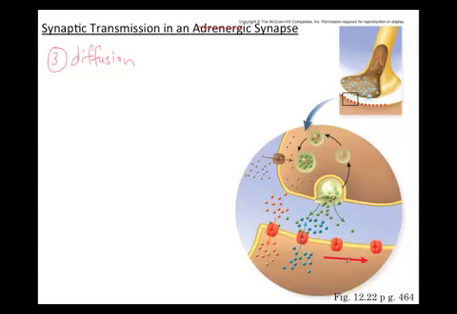Question was asked: does this synaptic transmission process have to do with myasthenia gravis? Yes, it does. Remember, myasthenia gravis is an autoimmune condition that destroys the acetylcholine receptors.